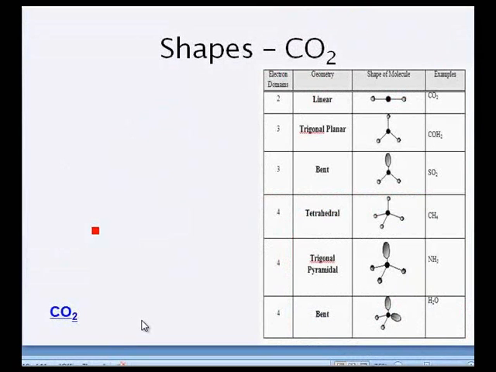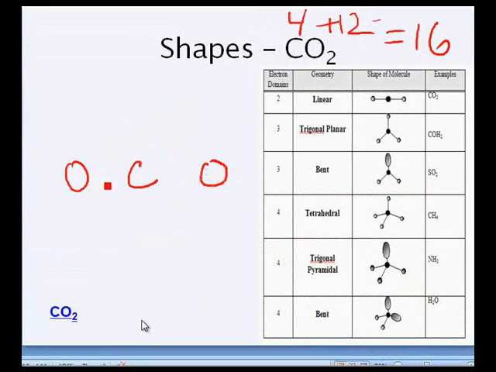Let's take a look at carbon dioxide. Now, carbon has 4 electrons. Each oxygen has 6, for 12. So that's 16 electrons. Okay, so I have carbon, I have oxygen, and this is going to end up having 2 double bonds. Okay?